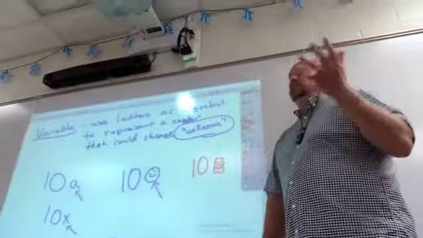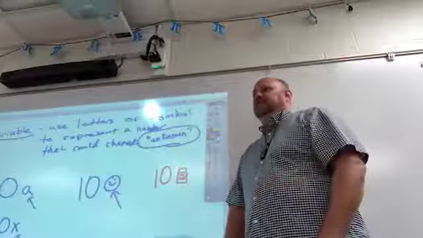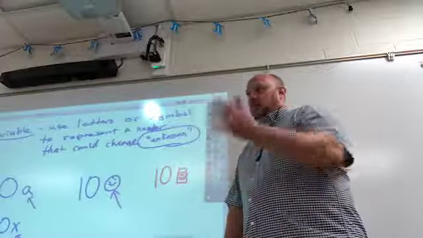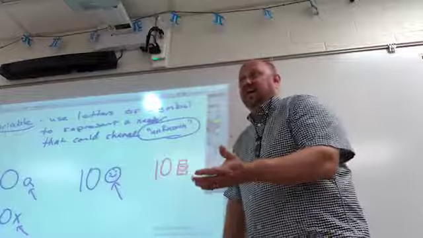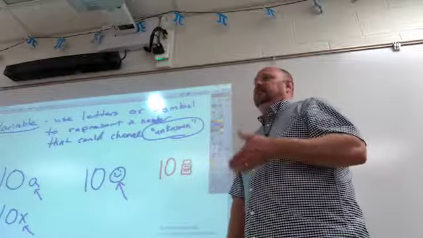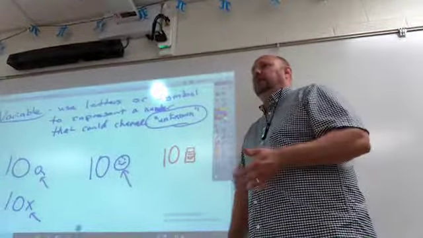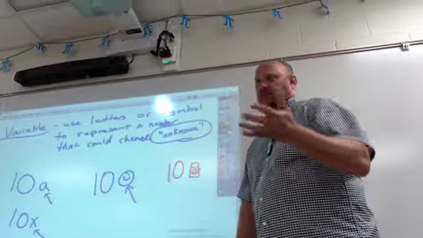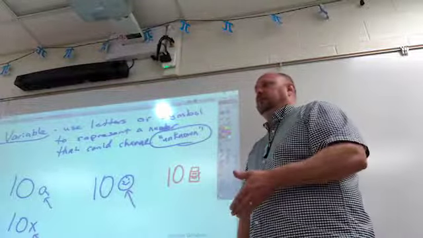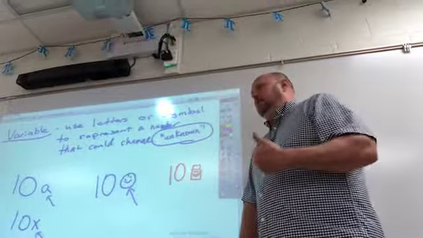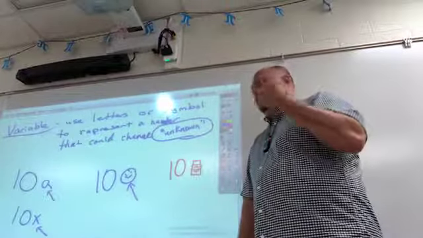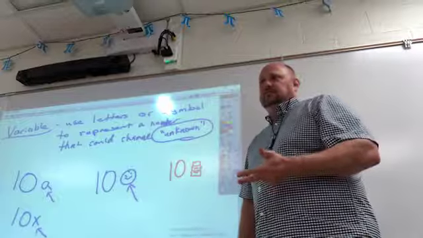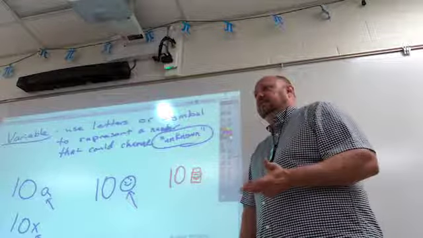What other letters should we pretty much try to avoid if we can? L, like a lowercase l or an I, right? Those kind of letters, if we can, we try to stay away from because they look like other things. And O looks like a 0, so we try to avoid that one. The most common letters we're going to use are x, y, and z, a, b, and c.